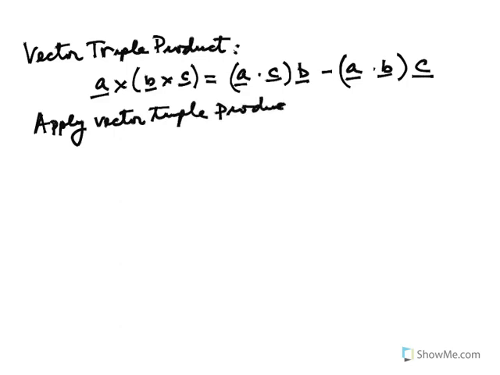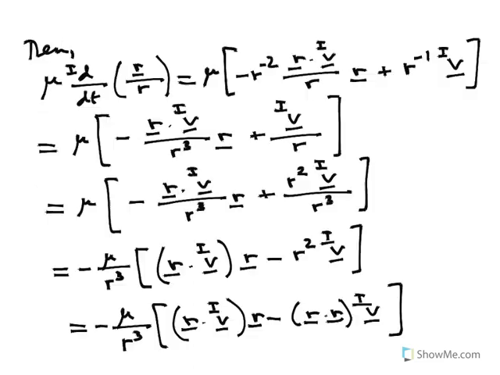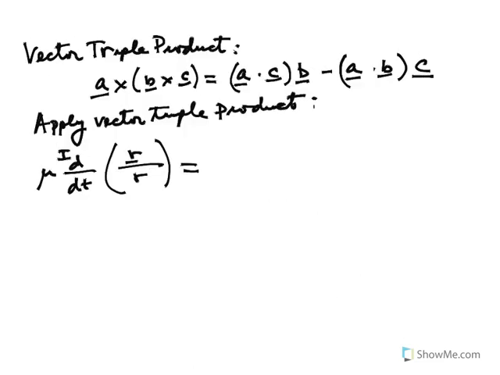and we wind up with the following result, which is that mu times d dt in I of r, all divided by the radius, is then equal to, well, let's look at this. What do we get? We've got minus mu over r cubed times, well, now we can start identifying things.